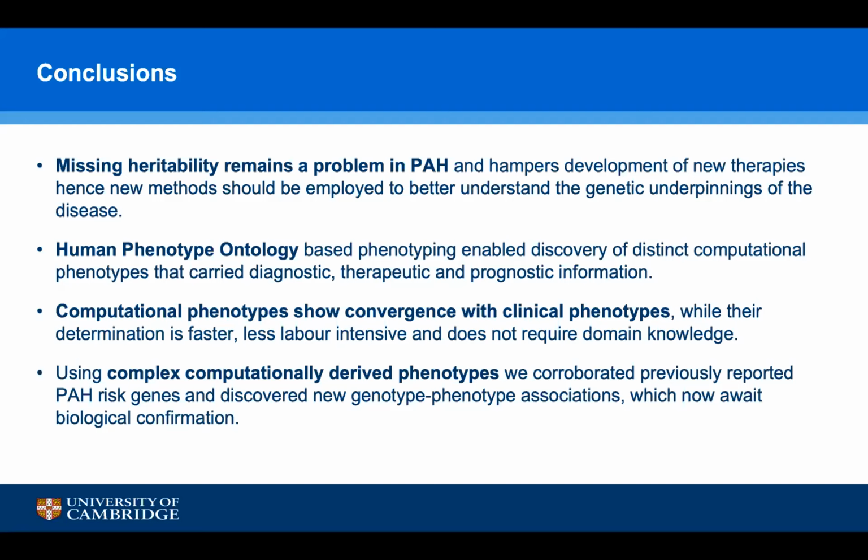These computational phenotypes partially overlapped with clinical phenotypes, and at the same time were much easier to devise and much faster, and did not require domain knowledge. And using complex computationally derived phenotypes, we corroborated previously discovered genes and discovered some new genes.